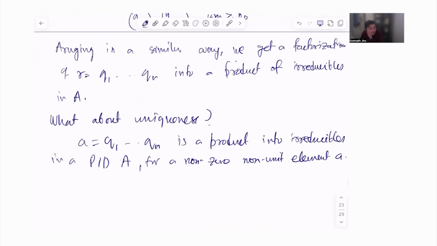Then, as A is a PID, each Qi is a prime, right? So irreducibles are prime in a PID.